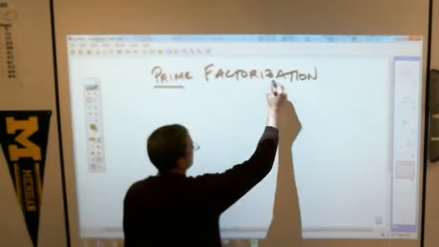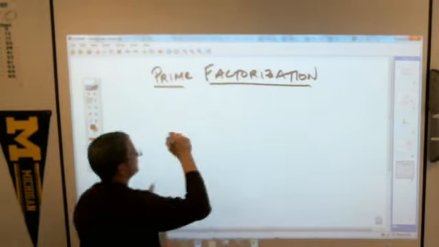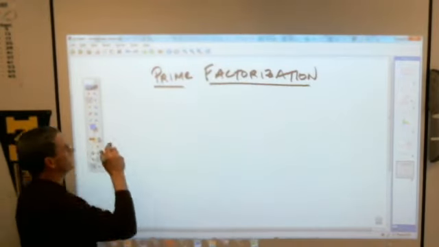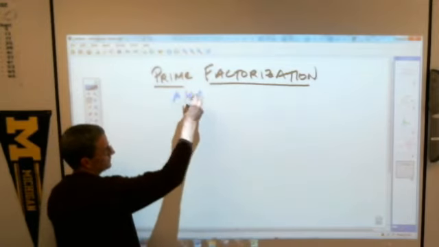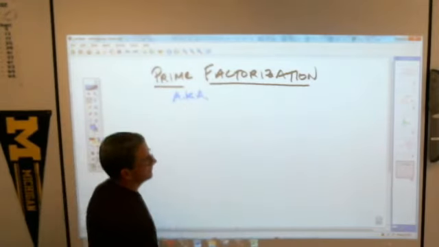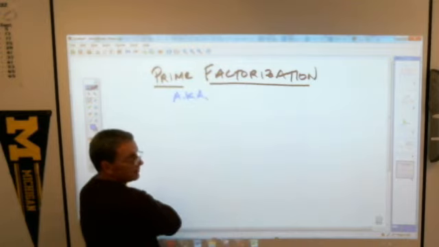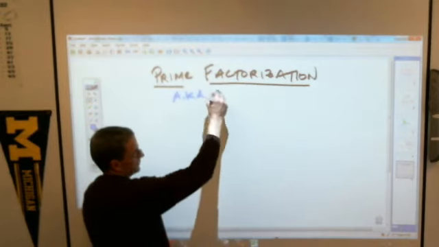We have a couple other names for this as well, and we probably should jot them down. It is also known as product of primes.